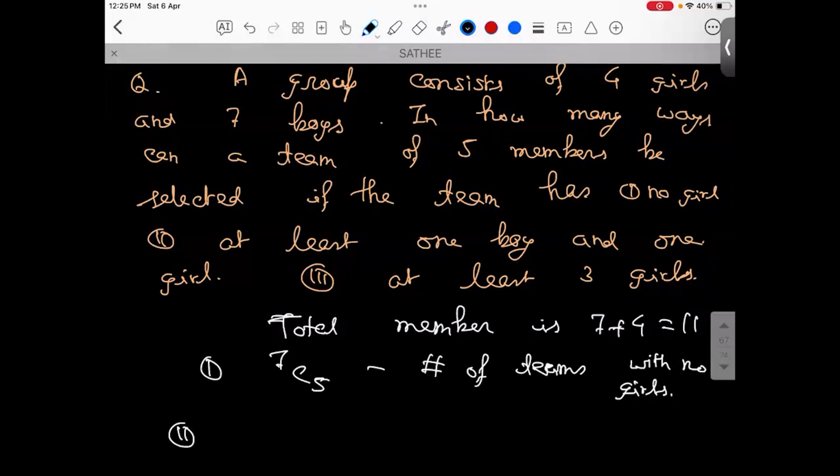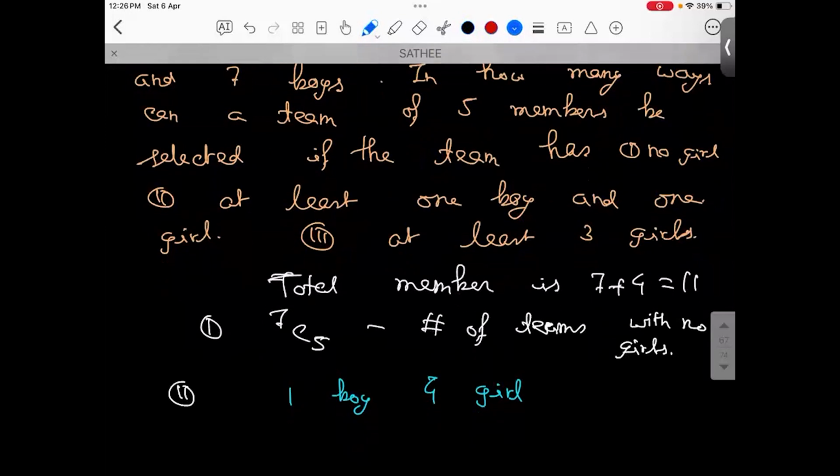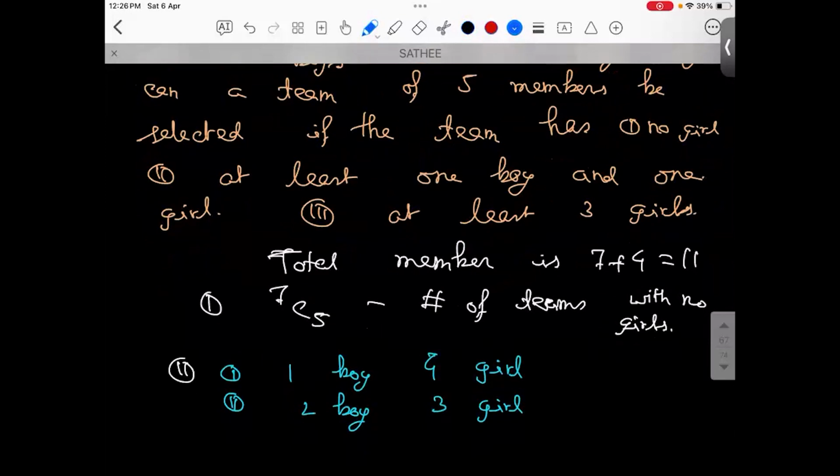So one case can have 1 boy, 4 girl. Second case can be 2 boy, 3 girl. Third case can be 3 boy, 2 girl.